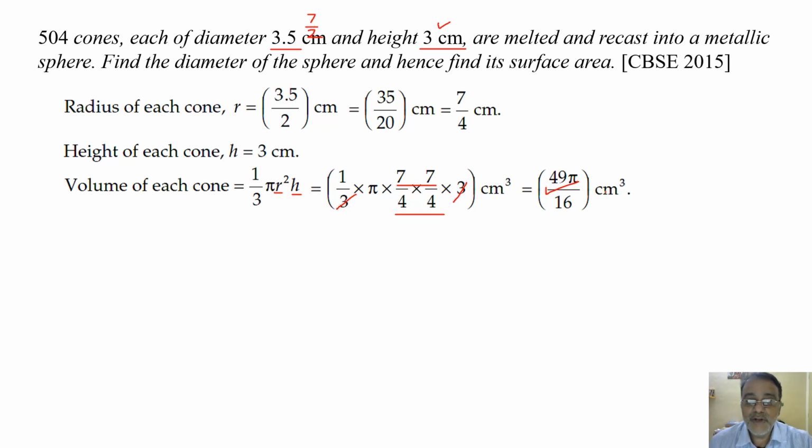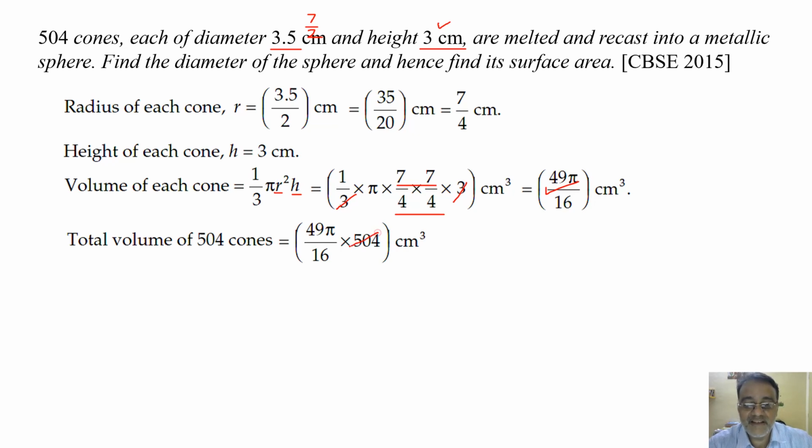Yes. Total volume of 504 cones, we have to multiply by 504. Okay. So 504 we can cancel with 8, 8 sixteens are 2, so cancelling with 8 we get 63. So we will keep it like this, 49 pi into 63/2 centimeter cube. Right.